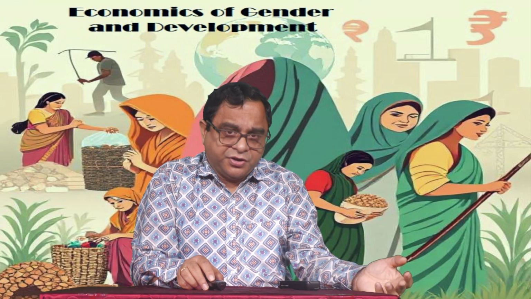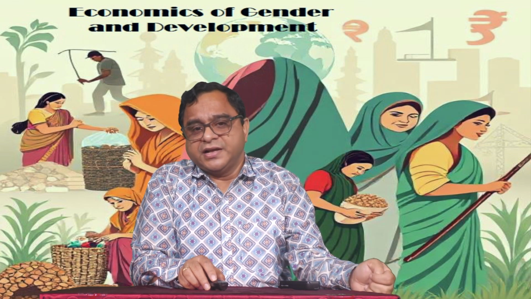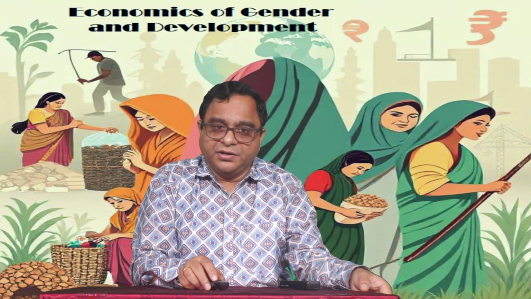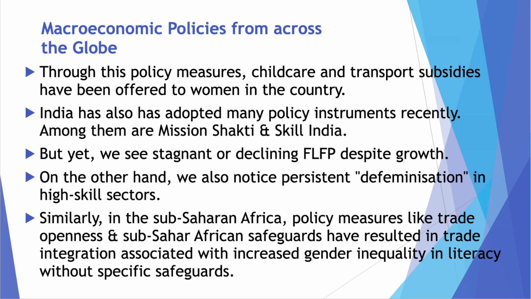So, in a period of 4 years, the labor force participation of female has almost doubled in Saudi Arabia. So, through these policy measures, childcare and transport subsidies have been offered to women in the country.